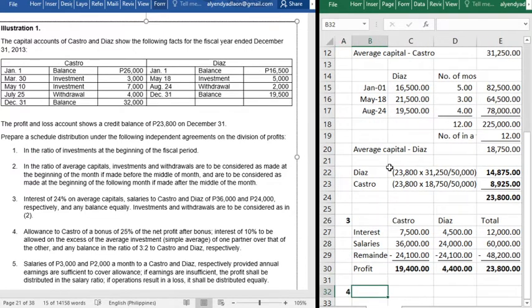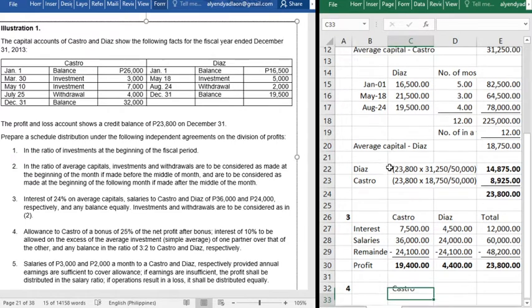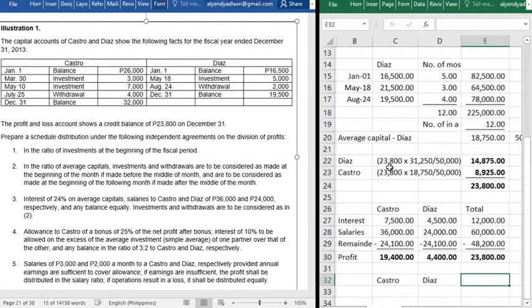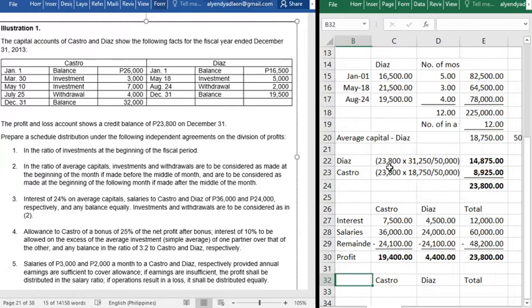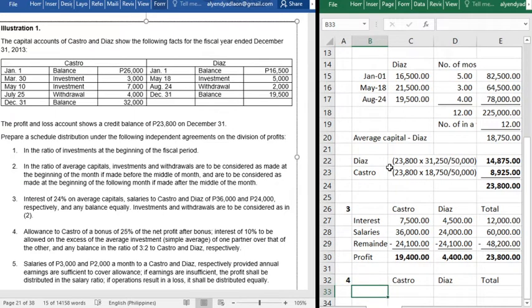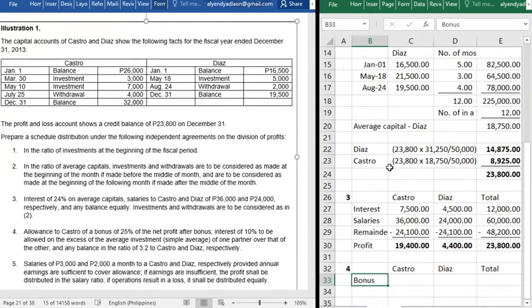same format, we have Castro, Diaz, and total. So the one that is first stated is the bonus. So how are we gonna get the bonus? So accordingly, Castro is to be allowed a bonus of 25% of net profit after bonus. So how are we going to get the profit after bonus?